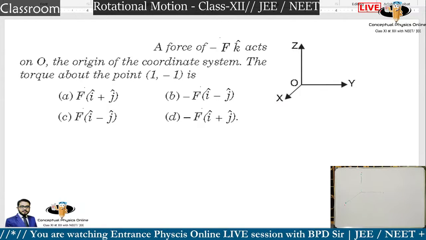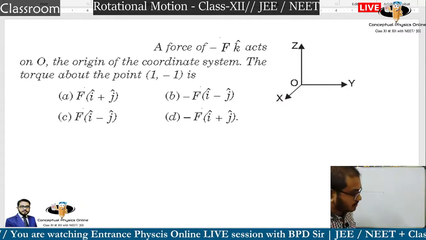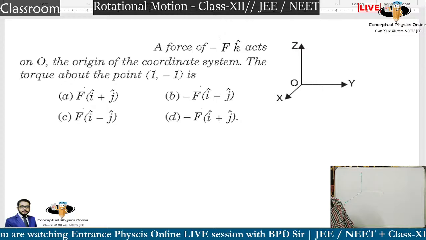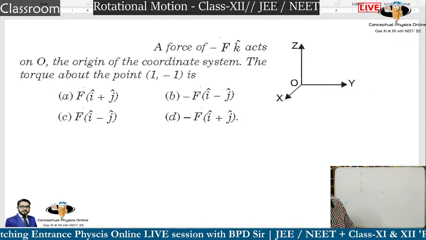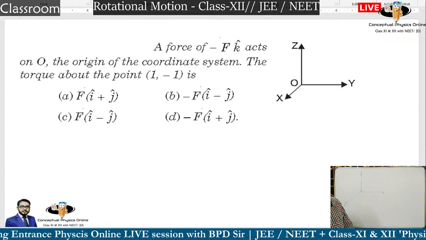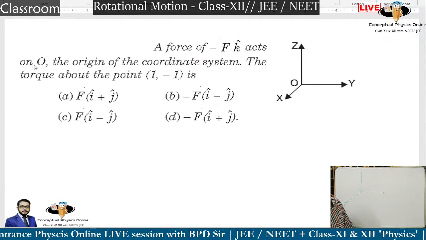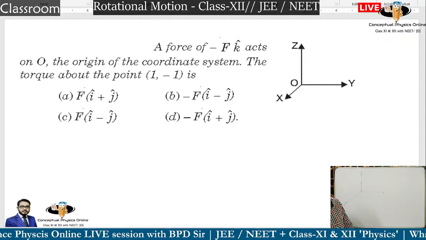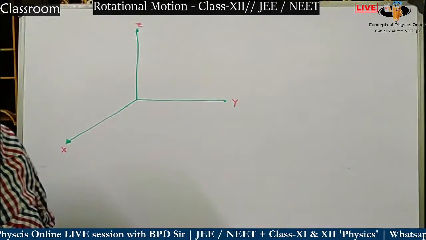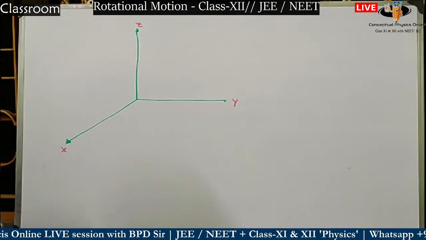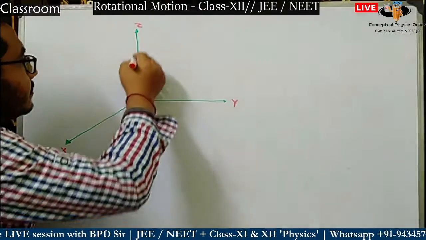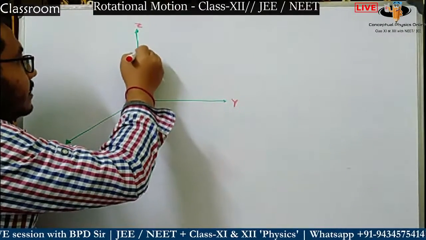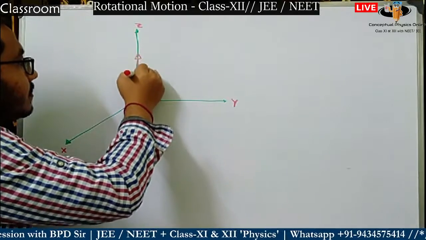X-axis, Y-axis and Z-axis are there, right? Now the force can be given like this.